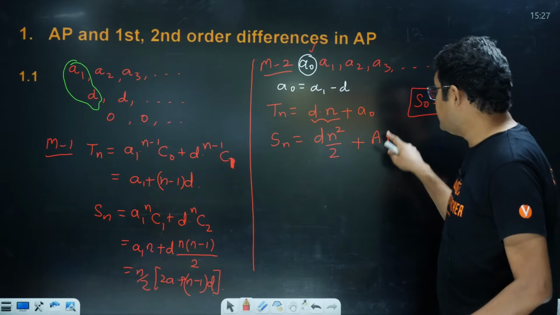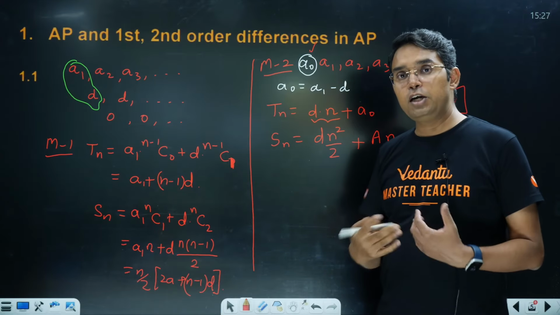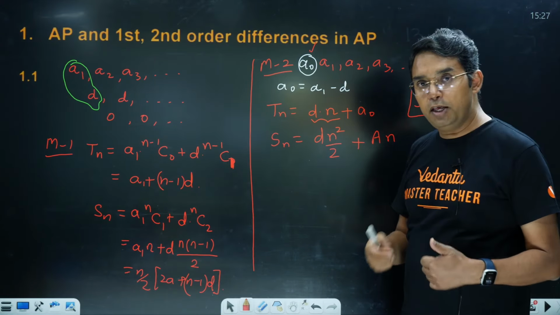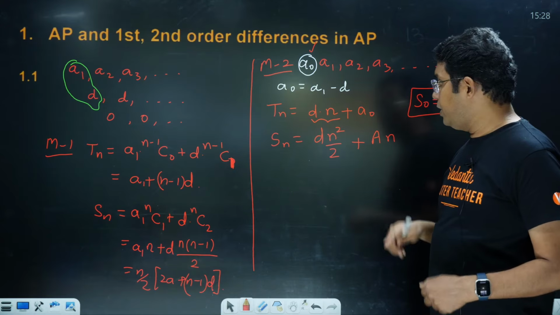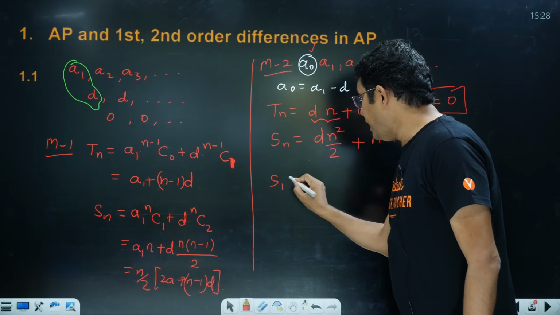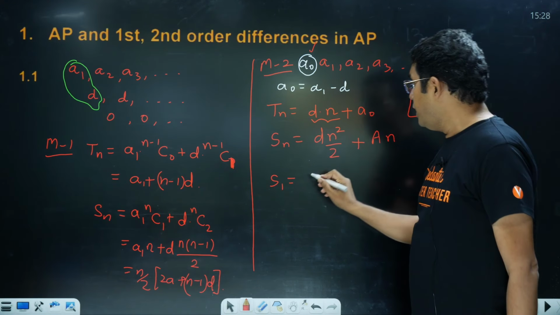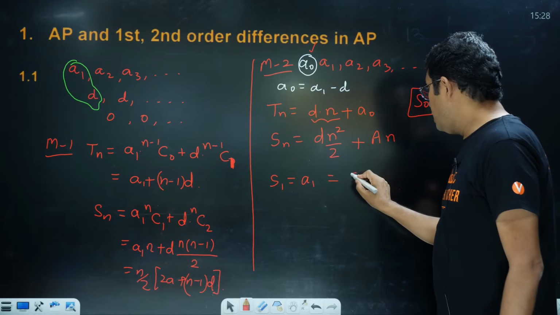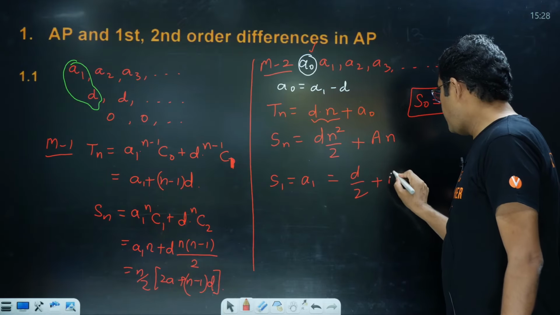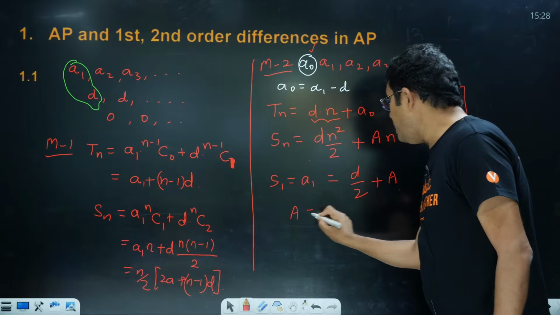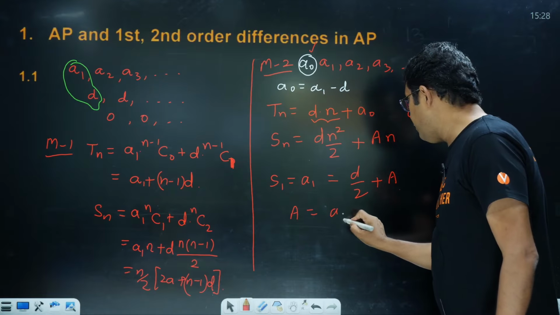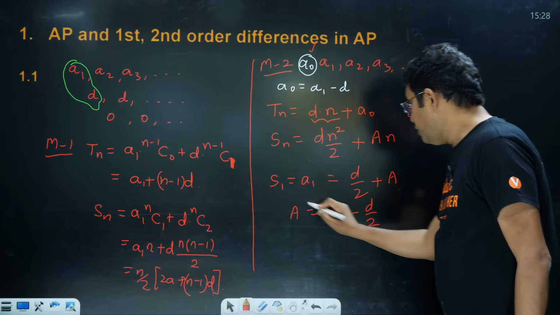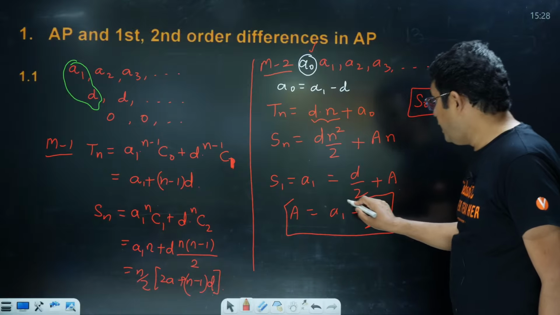Now to find this A, because already the coefficient of n square is found in terms of D, you can do two things. One is S1, because we know S1 is A1, and that is equal to D by 2 plus A. So from there we get A equal to A1 minus D by 2. This is how we find A.